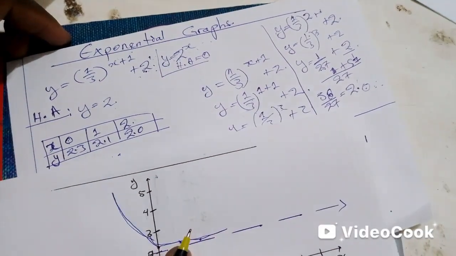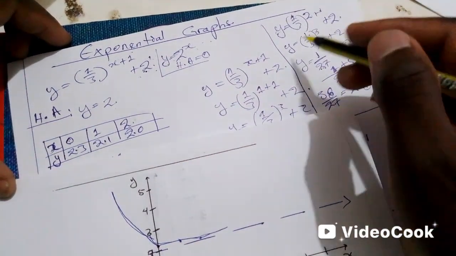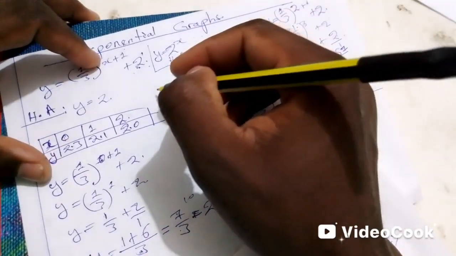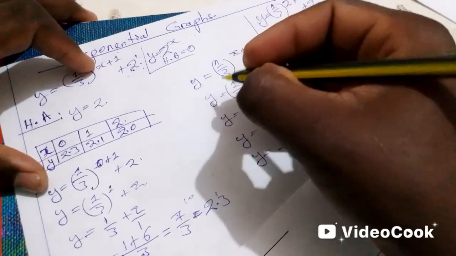Because if we try to put 1, let's try to put -1. If our x was -1, let's see how it can go on the negative side.